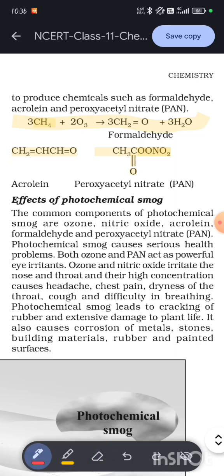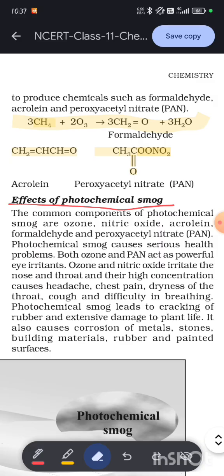Then the next topic is effect of photochemical smog. The common components of photochemical smog are ozone, nitric oxide, acetylene, formaldehyde, and peroxyacetyl nitrate. Photochemical smog causes serious health problems. Both ozone and PAN act as powerful irritants.